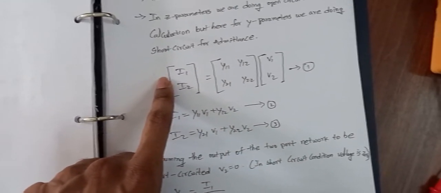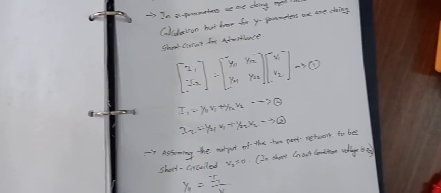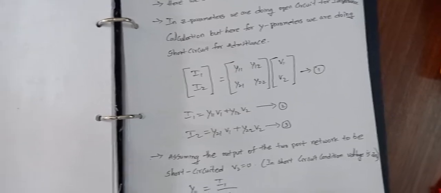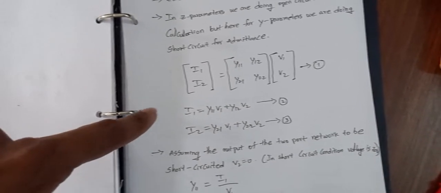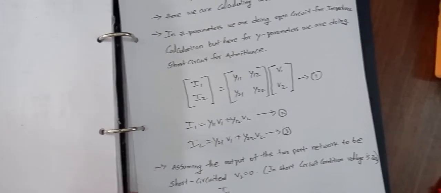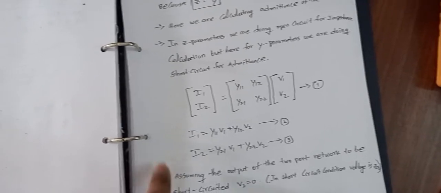So we are calculating current values here, because in the previous Z parameters condition we calculated voltage values. We are taking the source calculation as a current value.